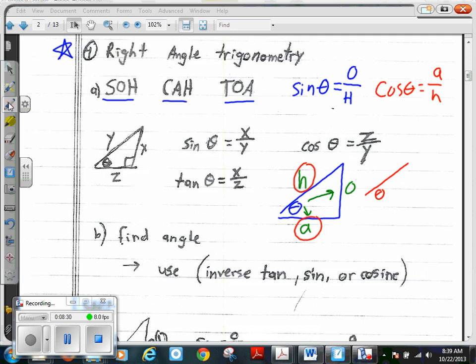Because if I had a triangle like this, there's going to be a ratio of sides, right? As long as it's a right triangle, if I have the same theta and I make my triangle bigger, the ratio of the sides is exactly the same. Okay? Or, if I make it even bigger, the ratio of the sides is still exactly the same.